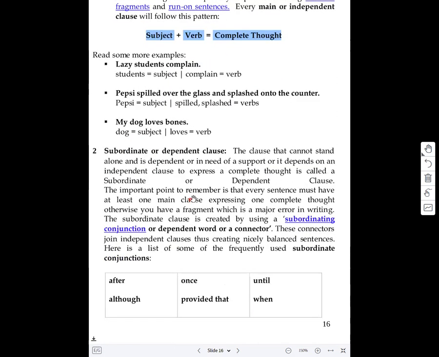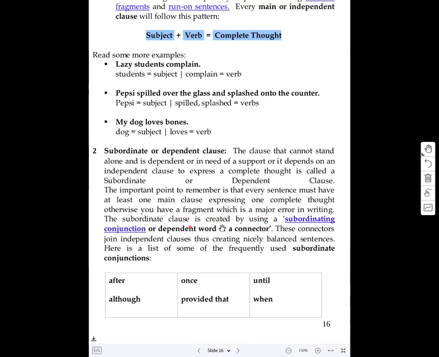Then coming towards subordinate or dependent clauses, the clauses that cannot stand alone and are dependent or in need of support are dependent clauses, right? The important point to remember is that every sentence must have at least one main clause expressing one complete thought. Otherwise, you have a fragment, which is a major error in writing.